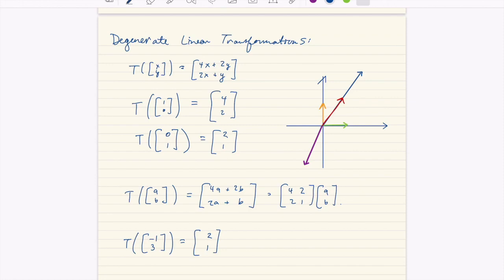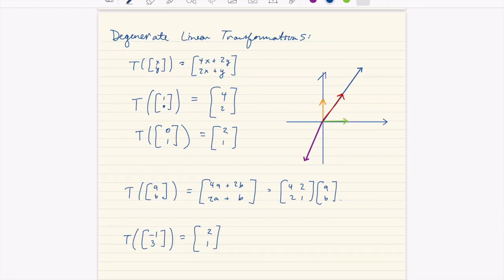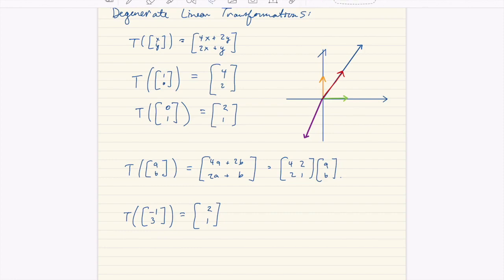Okay, and so it turns out what's really going on here is that all vectors, the outputs T(x, y), are being sent to vectors of the form (u, v), where u is 2v. So the images of all these vectors are going to be 2 times some other vector.